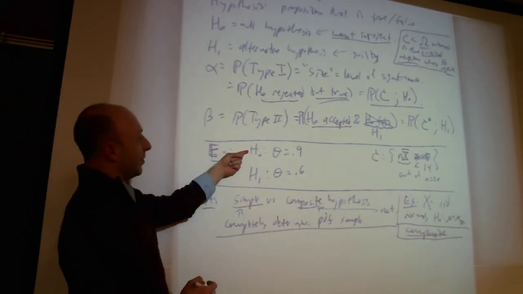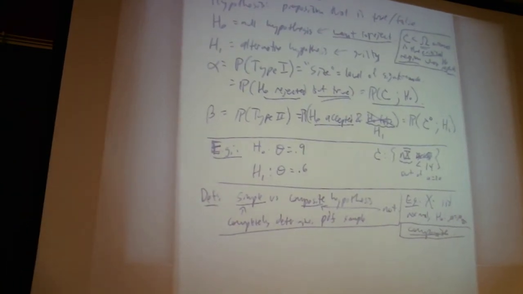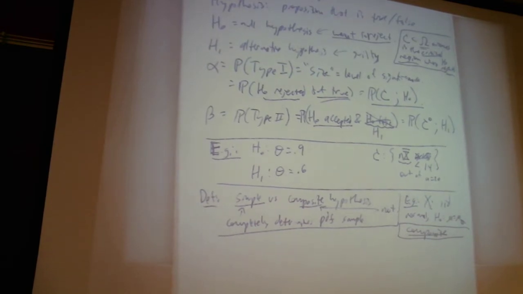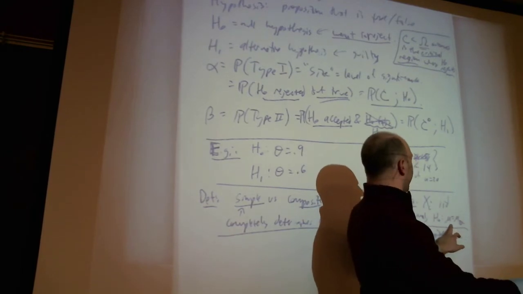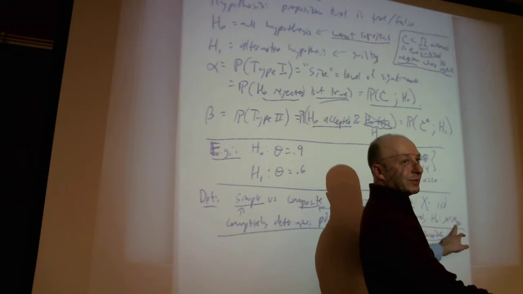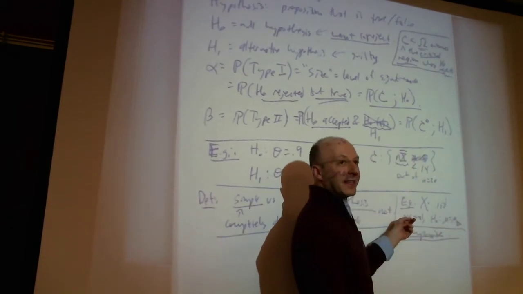How about this hypothesis? Simple or composite? It says mu equals mu naught. So if I'm going to say the mean is 0, or the mean is 10, whatever I'm trying to determine whether the mean is, I have not determined the entire density function.